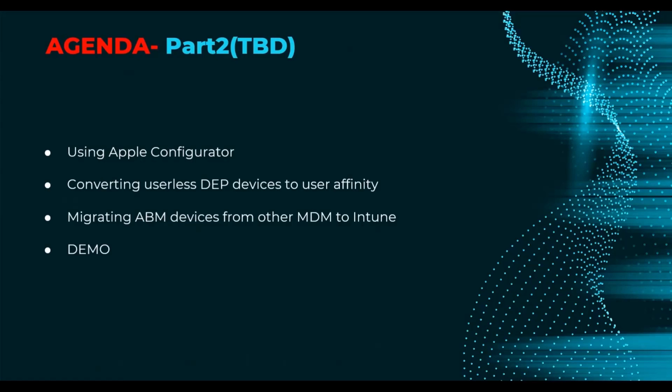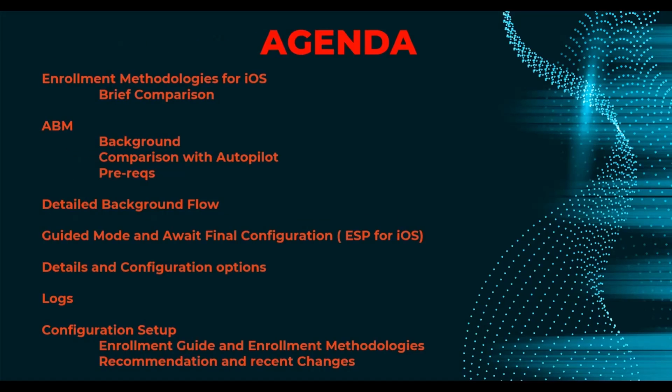And in the next nugget of part 2, I'm going to talk in detail about Apple Configurator. But for now, I hope that we have understood level 150 of what ADE is, how it relates to something like Autopilot or zero touch enrollment from Android, which pretty much does the same thing, how to set it up, how to troubleshoot it, and how to get started with it.